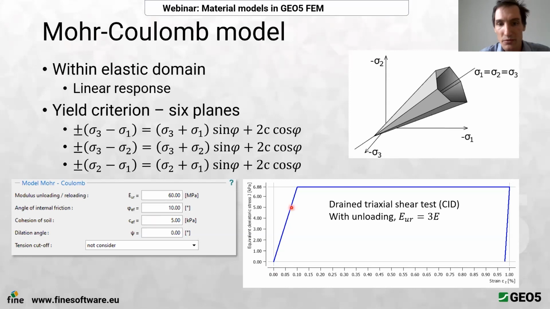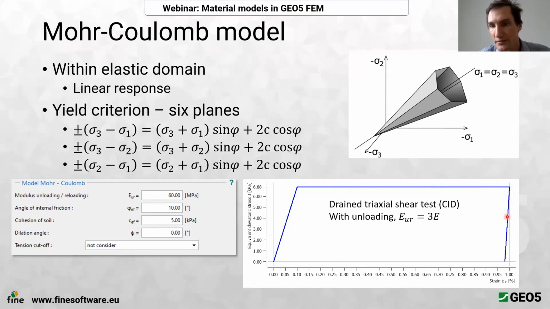So before we reach the yield function or the yield boundary, it behaves elastically. So for loading and unloading, it would go along this line, and as soon as the stress arrives at this boundary, it starts to yield without a change in the stress.